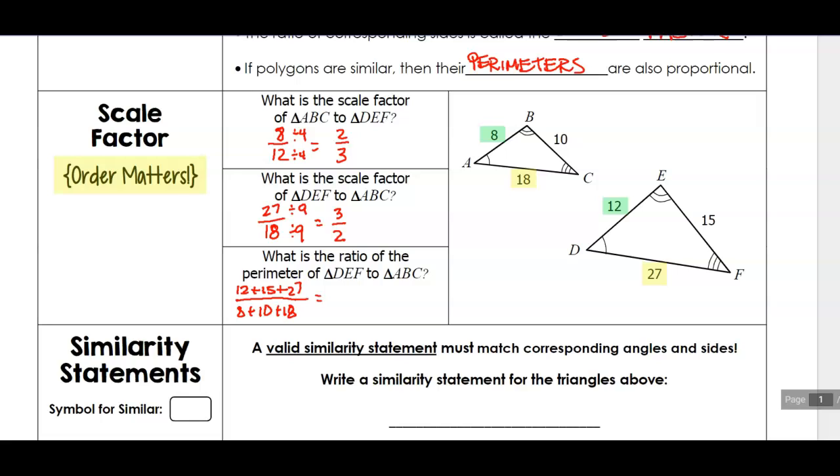So that's 27 and 27 is 54, and 18 and 18 is 36. And let's start by dividing by 9 and see what we get. So that's going to be 6 over 4. Then I'll divide by 2, and I get 3 over 2. So you notice that the ratio of the perimeters and the ratio of the corresponding sides is the same.